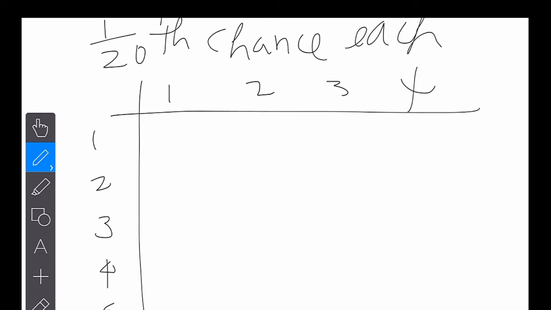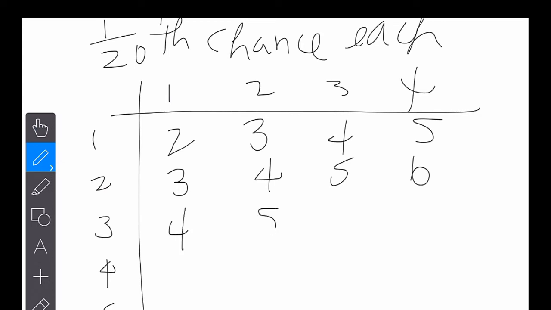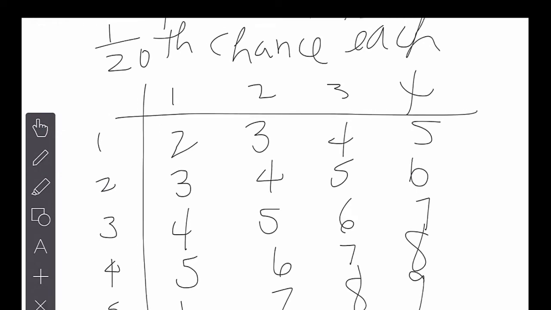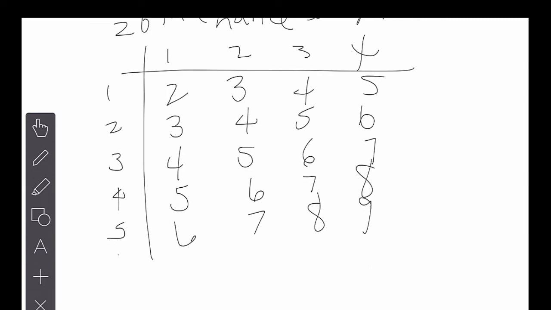So 1 plus 1 is 2. 1 plus 2 is 3, and so on. 3, 4, 5, and then 3, 4, 5, and 6, and then 4, 5, 6, 7, and then 5, 6, 7, and 8, and then 6, 7, 8, 9, and let's see, I'm going to make it smaller. You can see it. There it is.